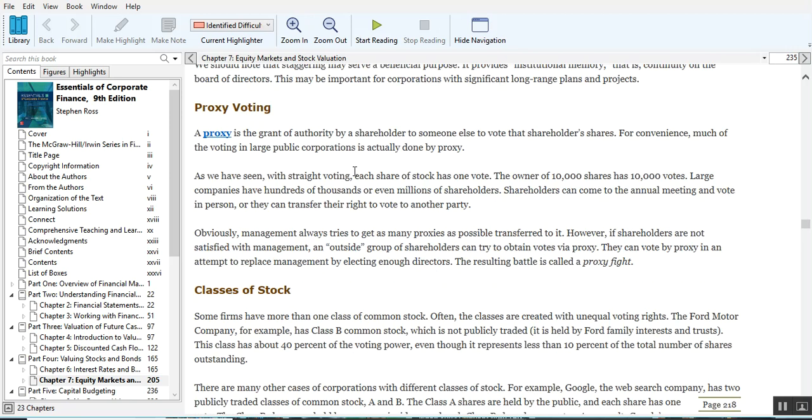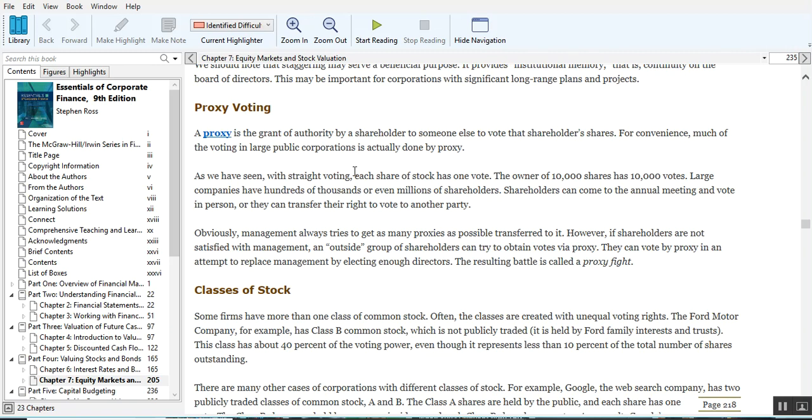Proxy voting is where they give you a notice that there's an annual shareholders meeting, and many people don't go to those meetings. Instead, they assign their proxy to somebody to vote in their place with their shares, somebody they trust or maybe a group.